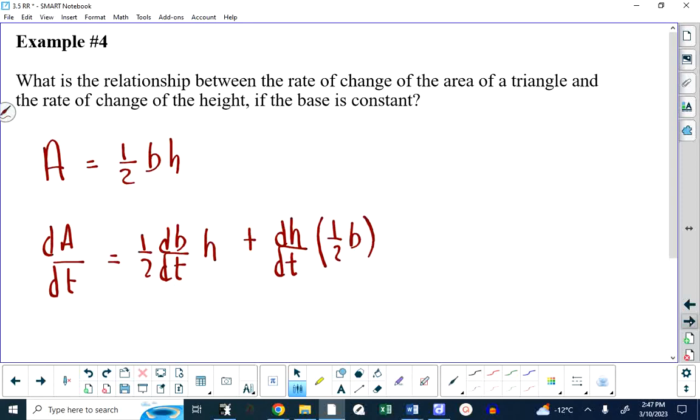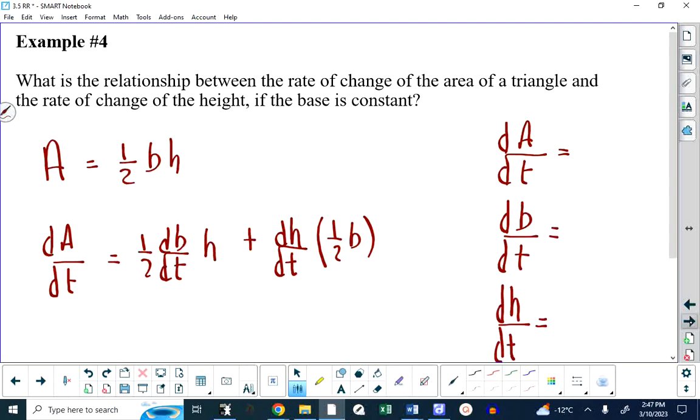Again, I'm just going to ask for confirmation. I didn't do it from memory. I differentiated again, but I want to make sure it's done right. If you had this problem, and we have a dA/dt that we've mentioned, and there's dB/dt, and there's dH/dt. What is dB/dt in this question?